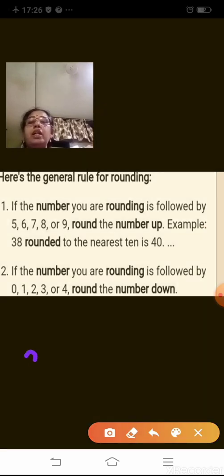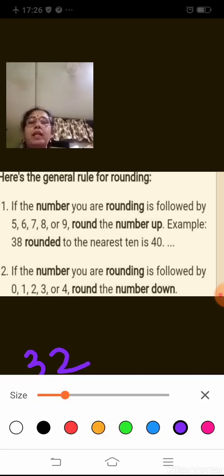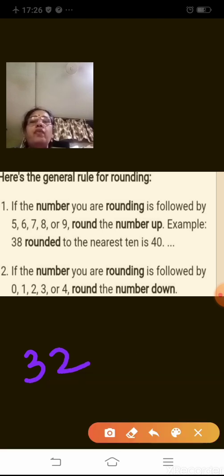Now the second one, if the number is 32. If you want to round it off, it is followed by the number 2. Now 0, 1, 2, 3 and 4, you can call them weak numbers. So when you are rounding them, you will be rounding downwards.